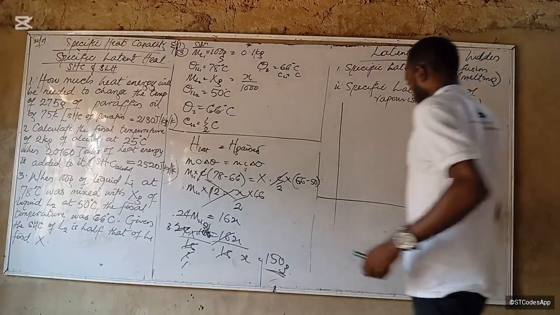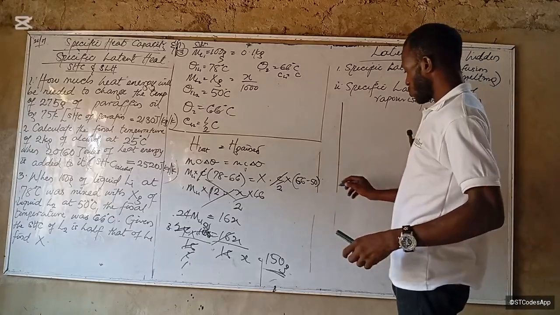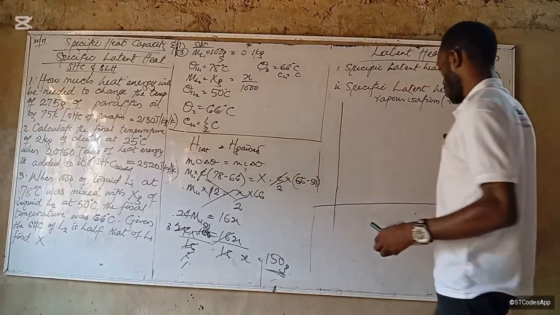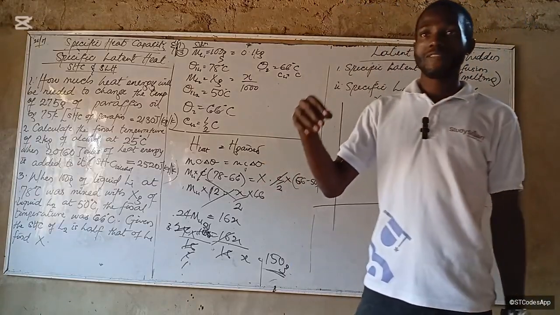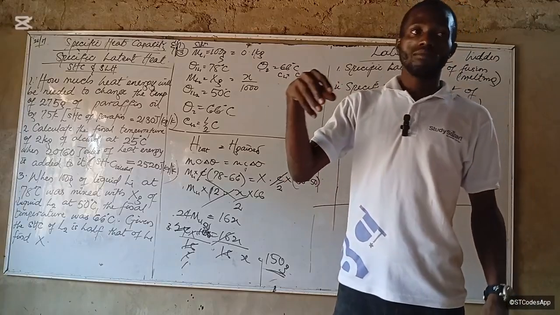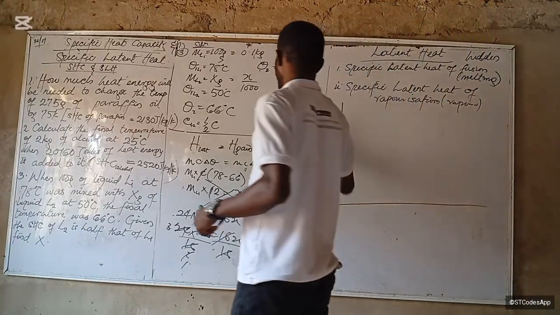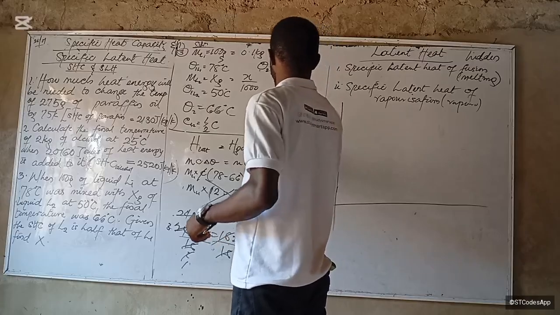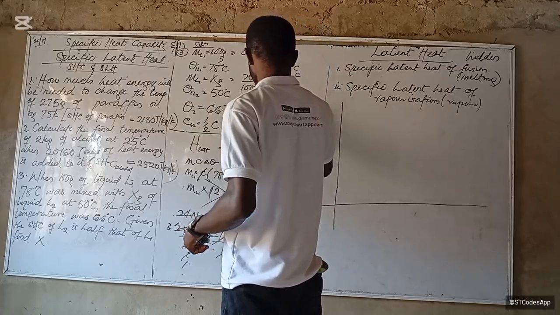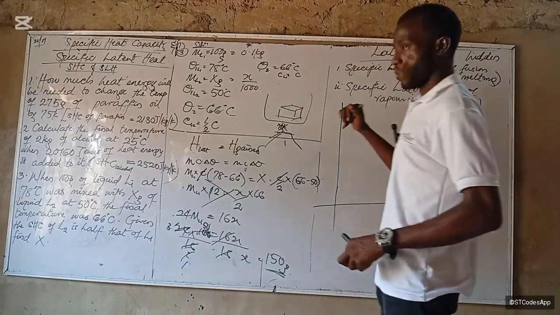So this was the way the experiment was performed. We boil water, for example. If I put ice in my pot on the fire, my ice is just standing there.